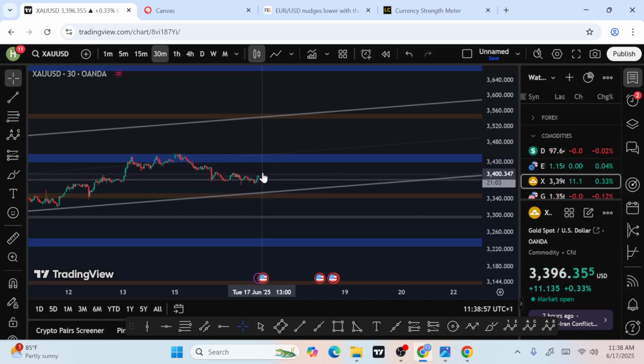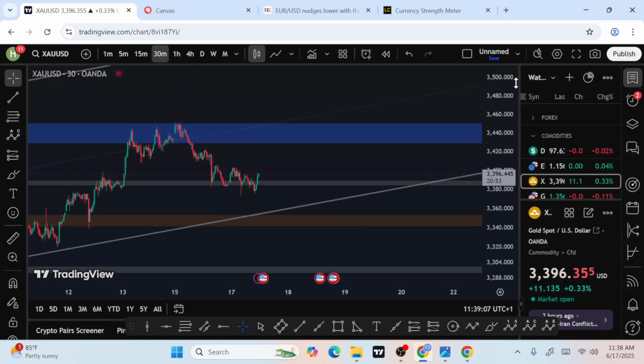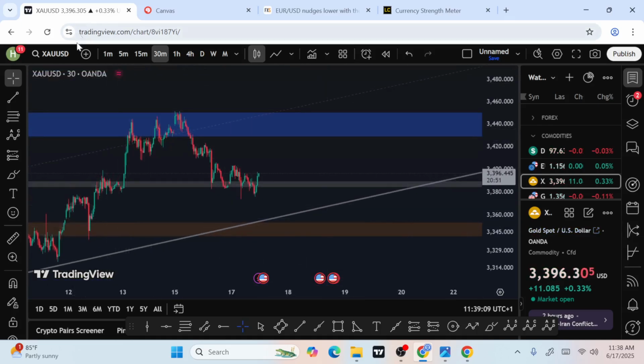So this market will probably get back to 3430 in the course of the week or in the course of the day or whatever. Do you understand? So that's what makes me think, probably I can now put my Fibonacci and check where it is going to get to, but I know that this market will definitely get to this zone. So I check my structure. See, what does this look like?